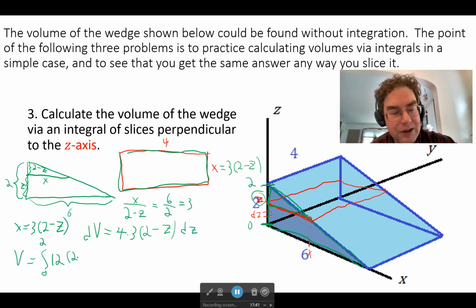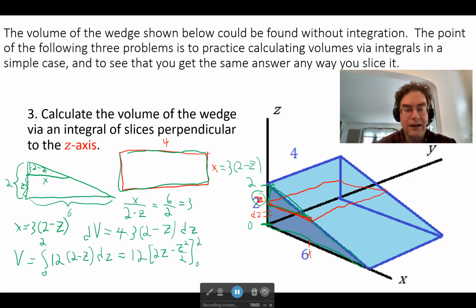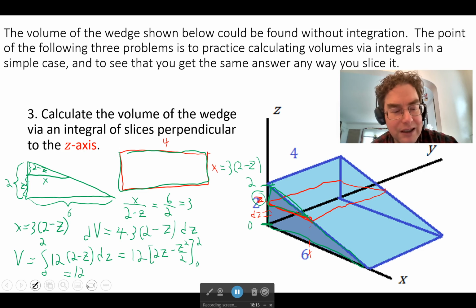4 times 3 is 12, times (2 minus z) dz. Okay, anti-differentiating. That 12 we can just pull out. And then we're going to have 2z minus z squared over 2, and we want to evaluate that at 0 and 2. All right, so evaluating, we've got the 12 still, that's going to stick outside.